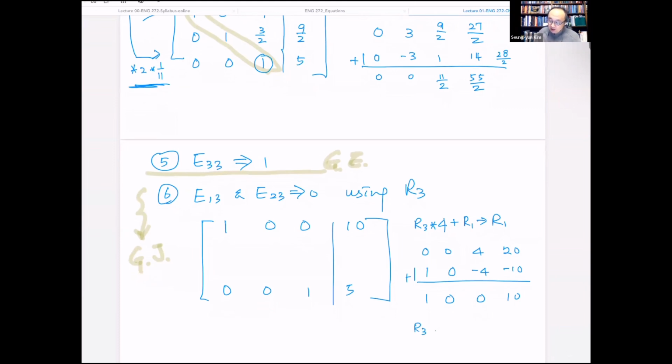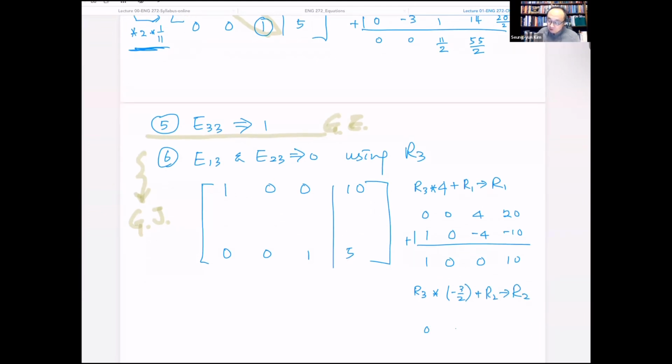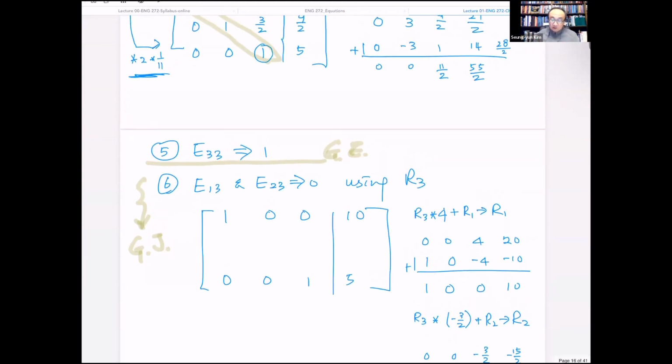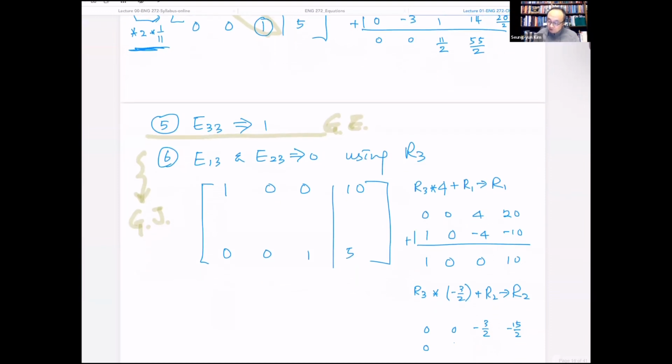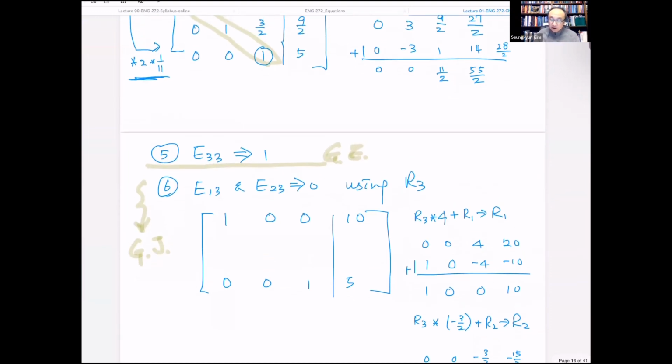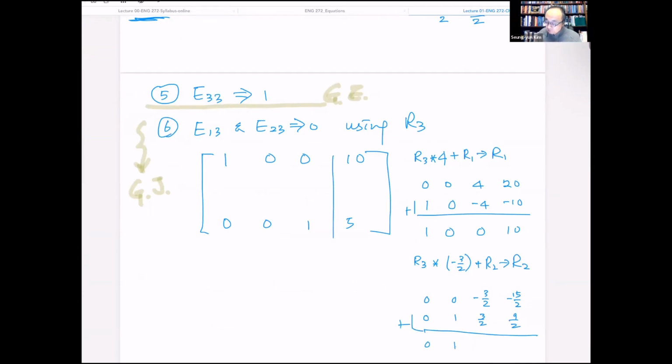So we're going to do R3 times -3 over 2, and then add to R2, put it back to R2. 0, 0, -3 over 2, -15 over 2, then R2: 0, 1, 3 over 2, 9 over 2, and add: 0, 1, 0, -6 over 2, which is -3. We have 0, 1, 0, -3. From here, we have x1 equals 10, x2 equals -3, x3 equals 5.